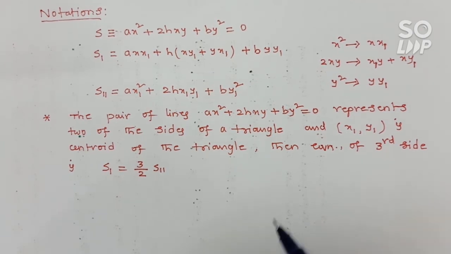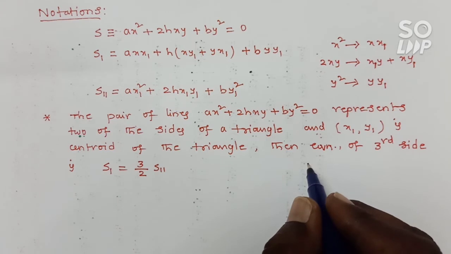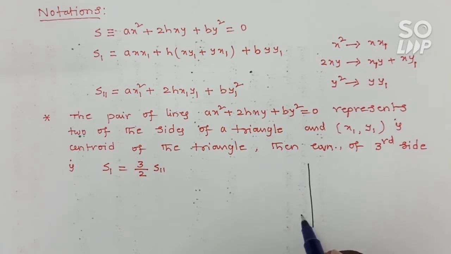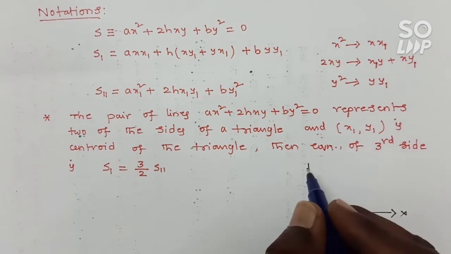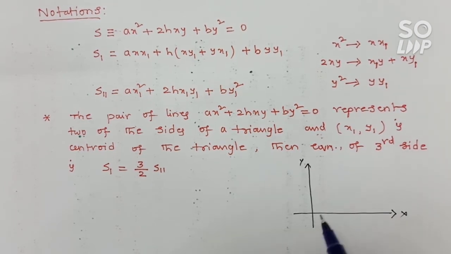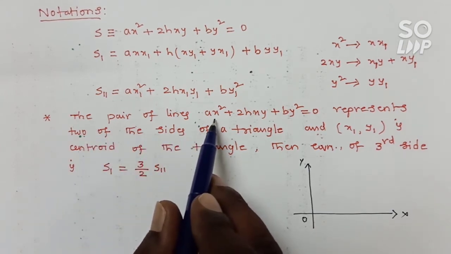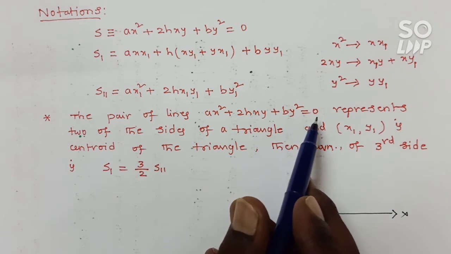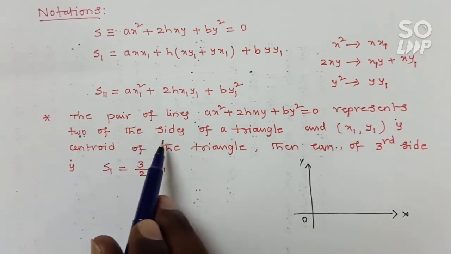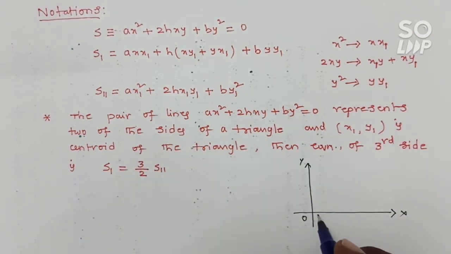Now all of you see this diagram. Here this is the XY plane. The pair of equations ax square plus 2hxy plus by square represents two of the sides of a triangle.